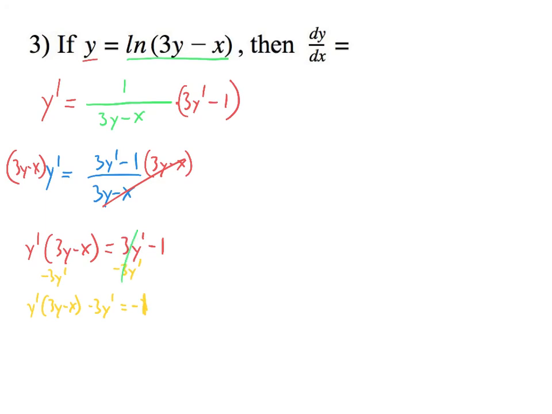Okay. Now, can I pull a y prime GCF out? This is weird, but if I pull a y prime GCF out, that leaves you 3y minus x and a minus 3.